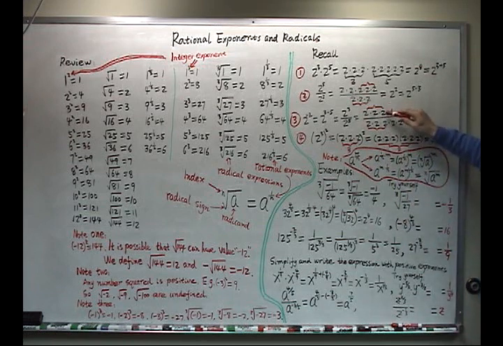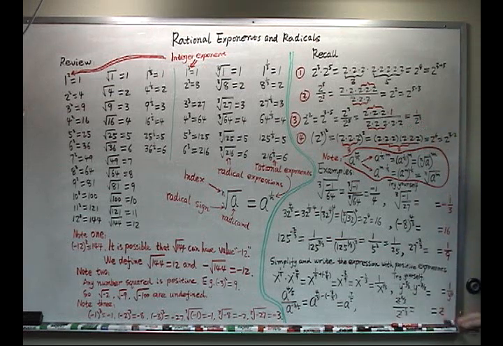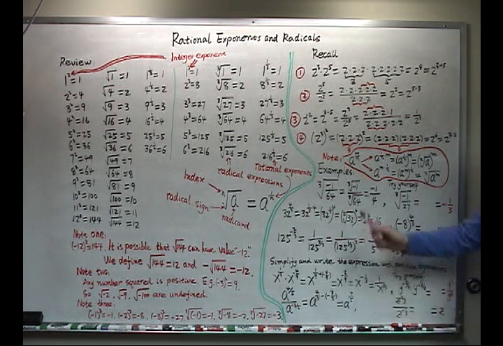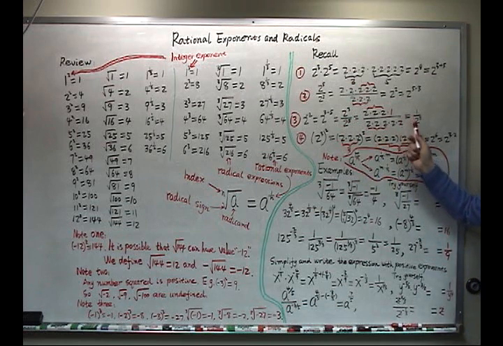You can cancel 3 2's upstairs with the 3 2's downstairs. So upstairs you have a 1 left over. 2 times 2 is 2 squared. So this tells us that 2 cubed divided by 2 to the 5th is 1 over 2 squared.